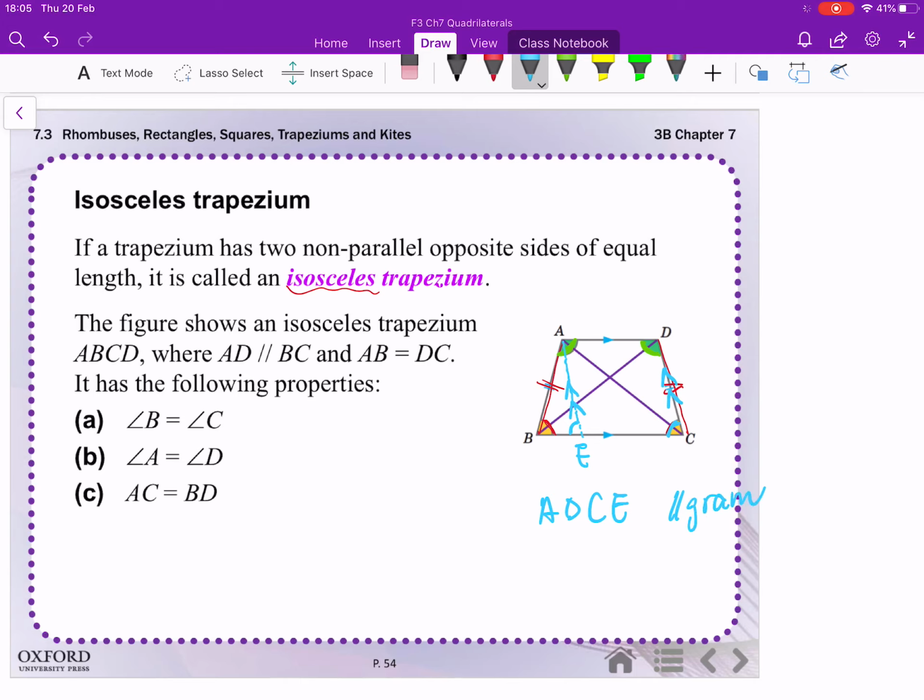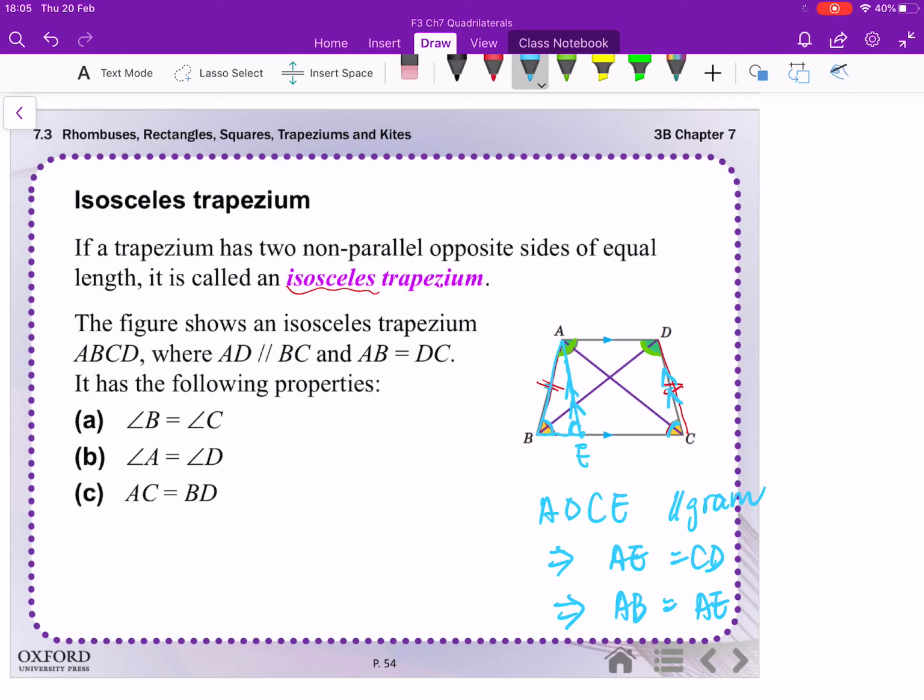So you can see that AE equals CD. Finally, we can see that AB equals AE. So triangle ABE, this one, is an isosceles triangle. For an isosceles triangle, the two base angles must be the same. So the problem is solved.